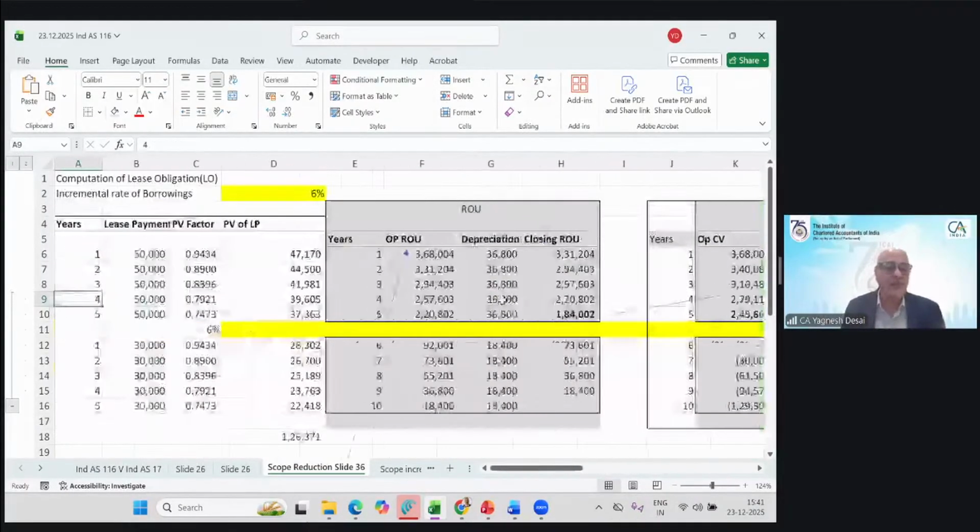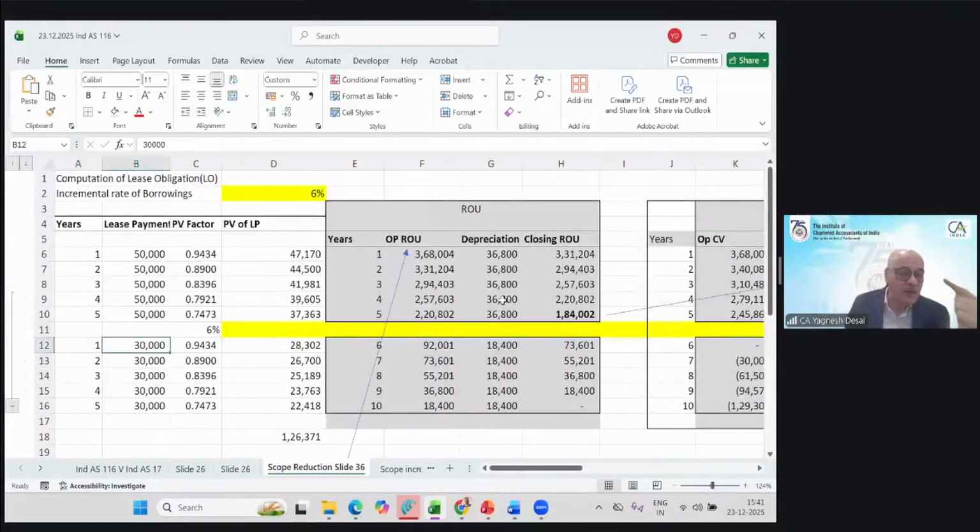But now what has happened, sir? I have discounted this 30,000 rupees for the next 5 years using the same discounting rate, because there is no change in the term. So my revised carrying value of the lease obligation is 1,26,000.